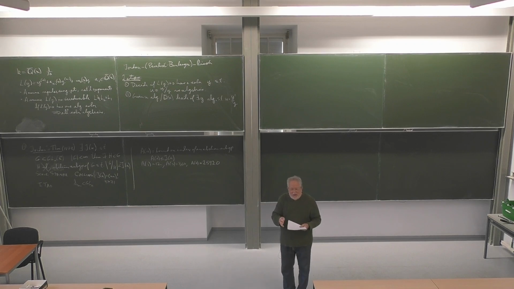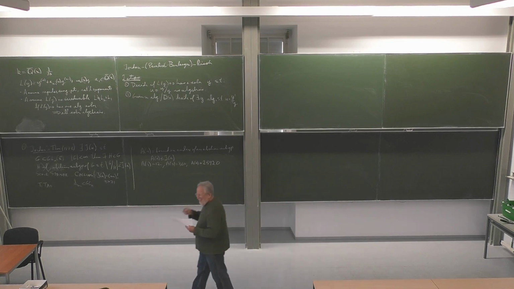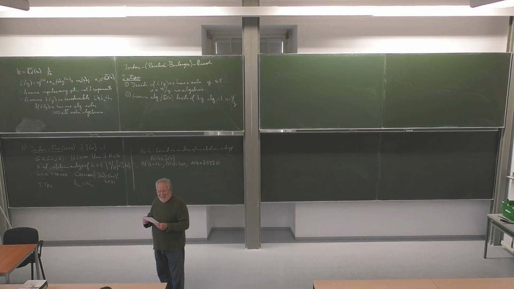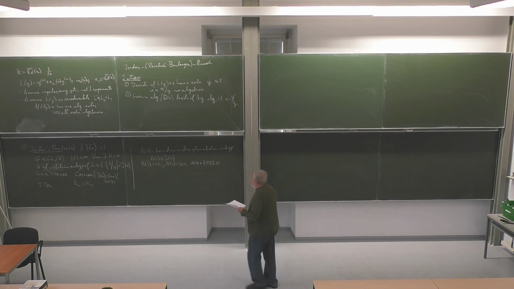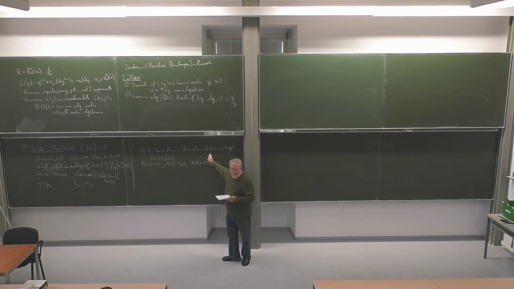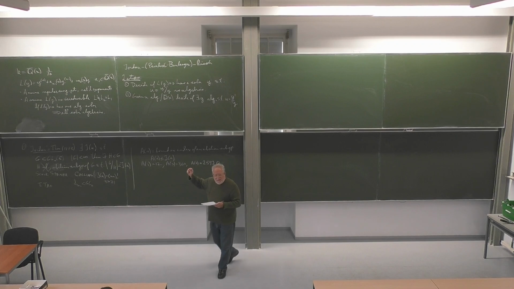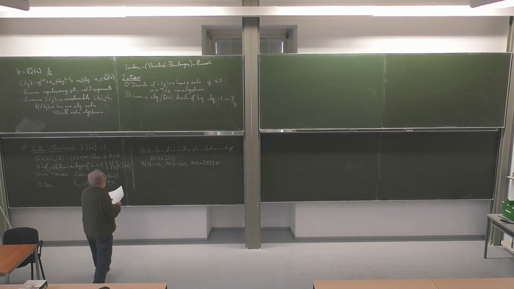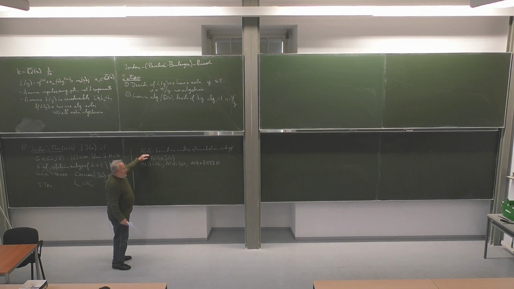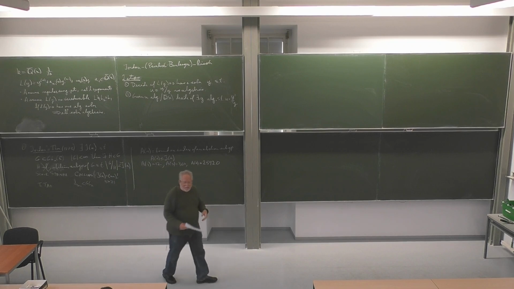For small numbers, it's large, and for large numbers, it's also large. No, I don't. In fact, I will need something weaker than this, and I'll talk about that next time. So I don't even need abelian. I need something weaker. This just depends on the group. The weaker thing will depend on the representation a little more.